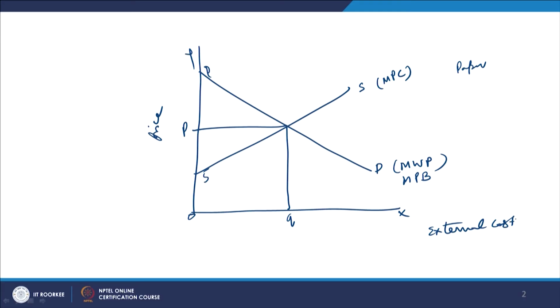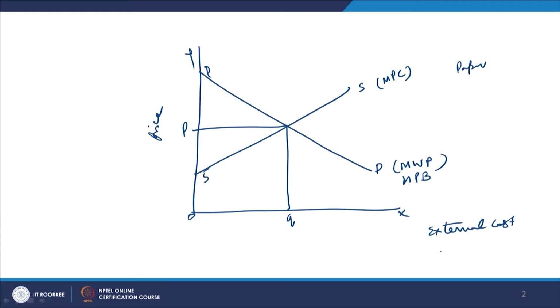Now, how you take this external cost, whether as a per unit increase or a lump sum, will tell us the shape of the marginal social cost.